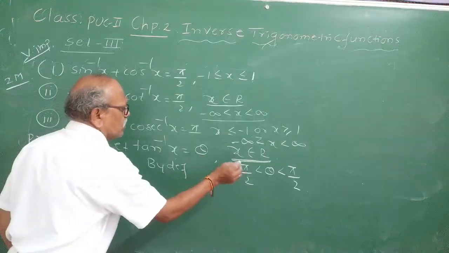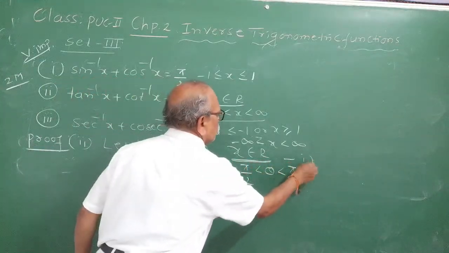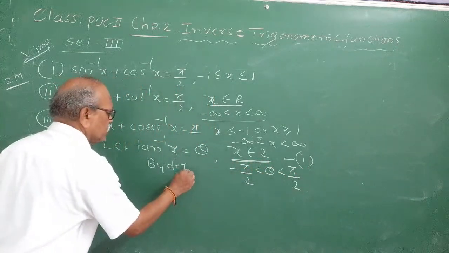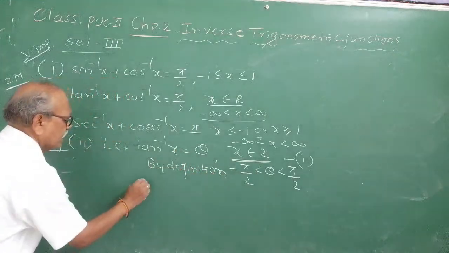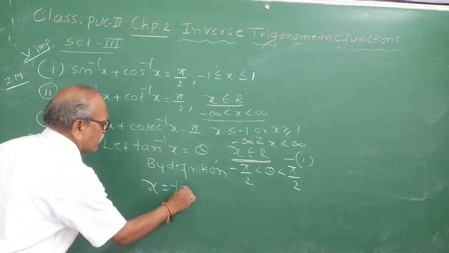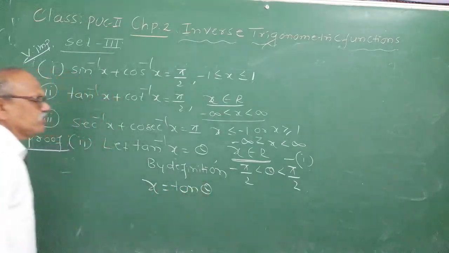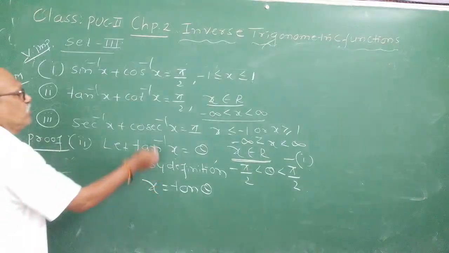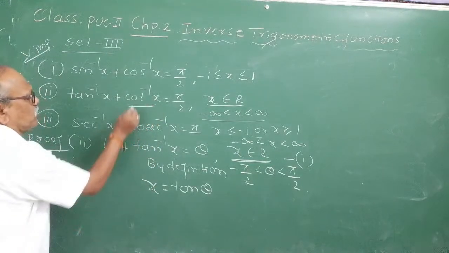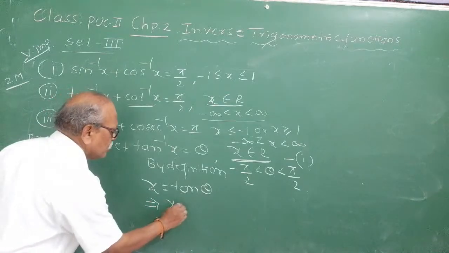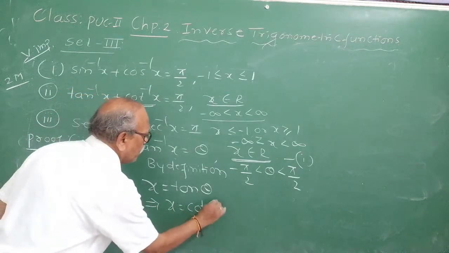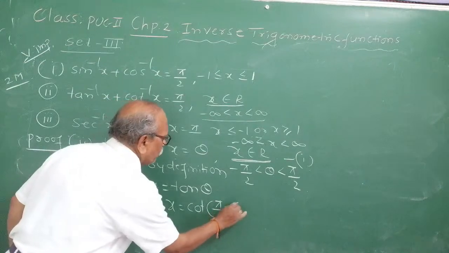call it as equation number 1. By definition, you can write x is equal to what? Tan theta, because restrictions hold good. Can you write tan theta in terms of cot? Because we have to prove cot inverse. That implies x is equal to cot of pi by 2 minus theta.